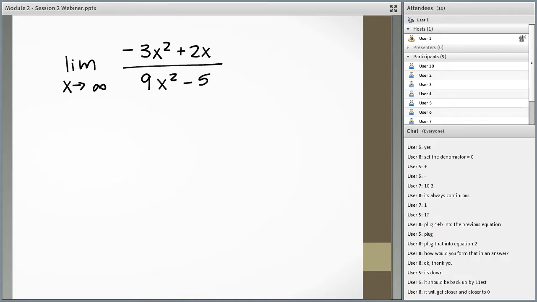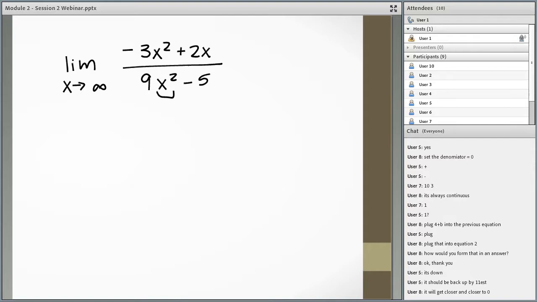So what I'm going to do is divide each term by the largest term in the denominator. And the reason I'm going to choose the denominator, and I'll always choose the denominator, is because I don't want to end up with 0 in the denominator. So by me dividing each term by the largest, so in this case x squared, because that's the largest x term in the denominator, I'm going to ensure that I end up with a 1, and you'll see in just a minute what I mean.